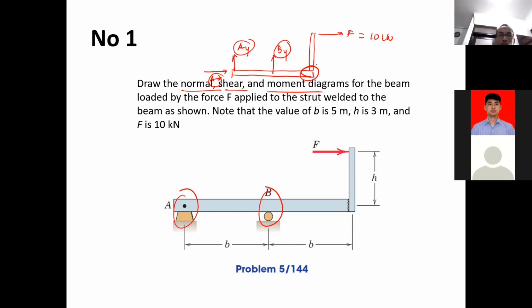But in this case, mostly we don't have to do so. But in some other cases, we have to do so. Okay. So when we draw the shear force diagram and moment diagram, we need two cuts. This is the first cut and this is the second cut. Okay.